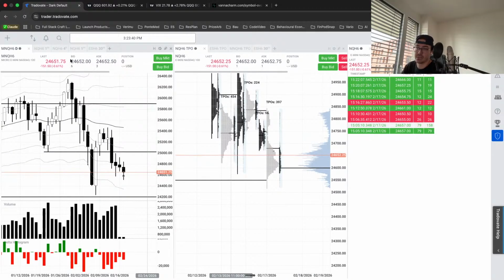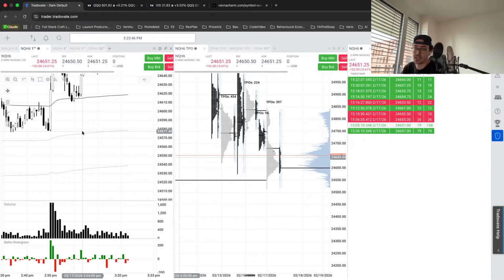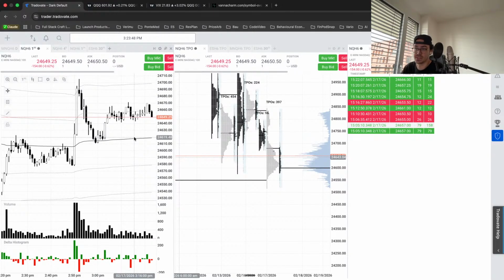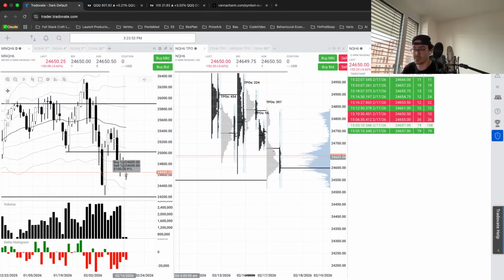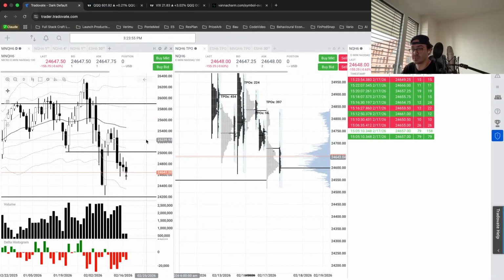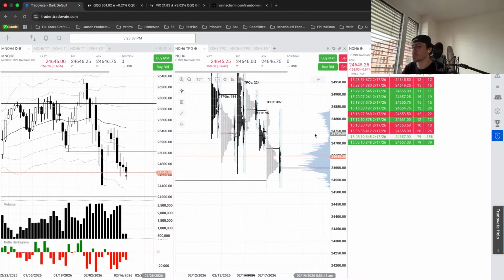Typically I look at order flows and actual deltas and volumes using NQ, and to execute, at least today, will be with MNQ, if anything at all. I'm pretty happy with my scalp, and I may just be done for the day. But let's see what opportunities present themselves.